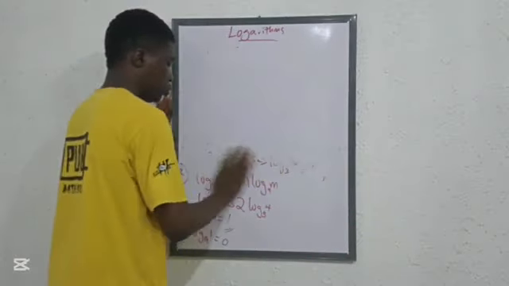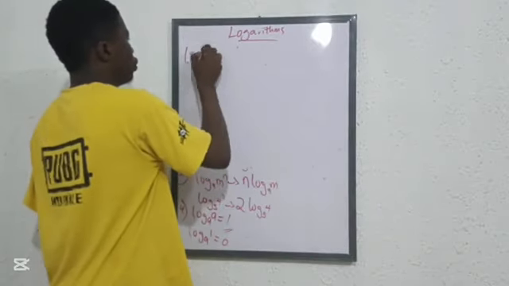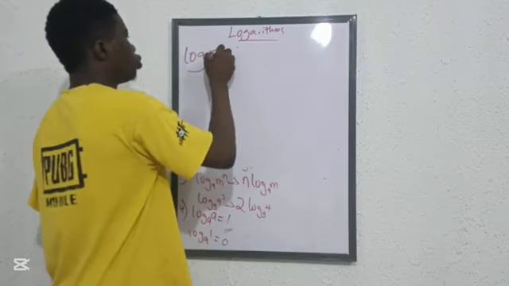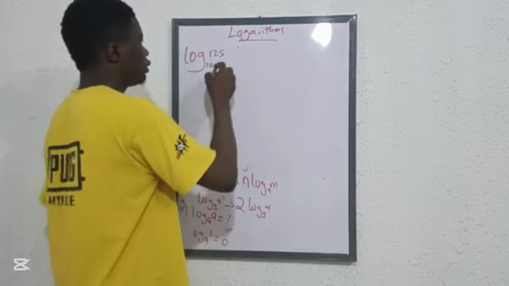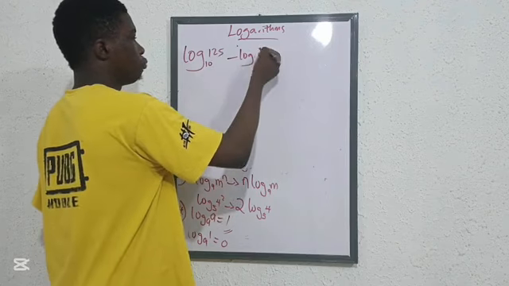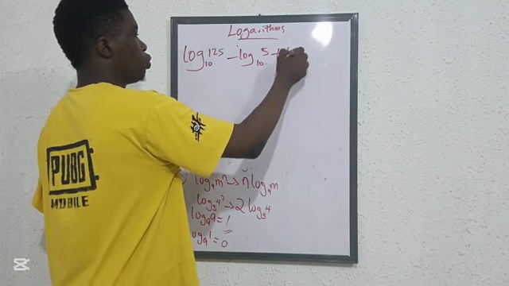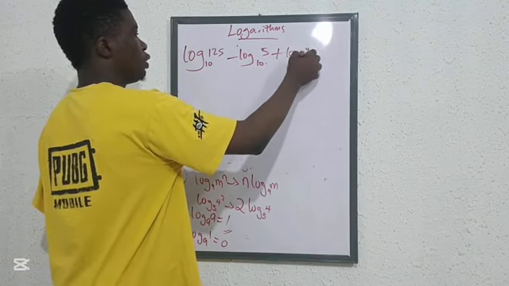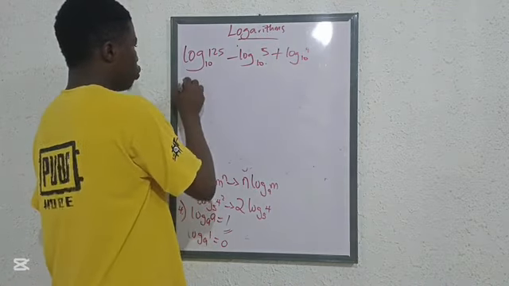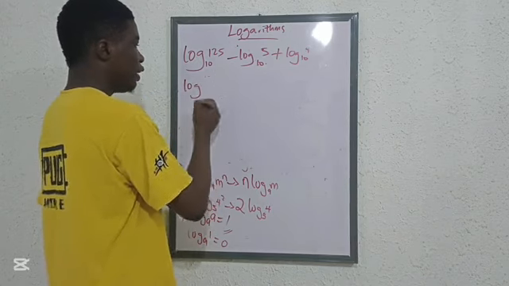Say you're seeing something like this: log 125 base 10 minus log 5 base 10 plus log 4 base 10. Now, how do you do it? This minus tells you that you're going to divide.